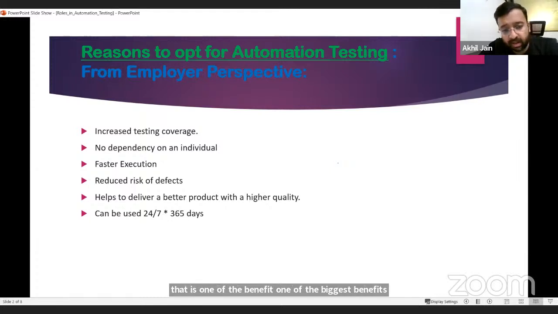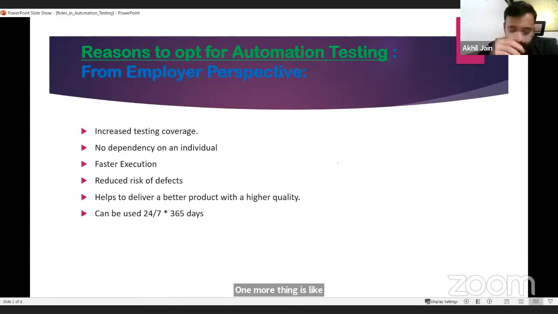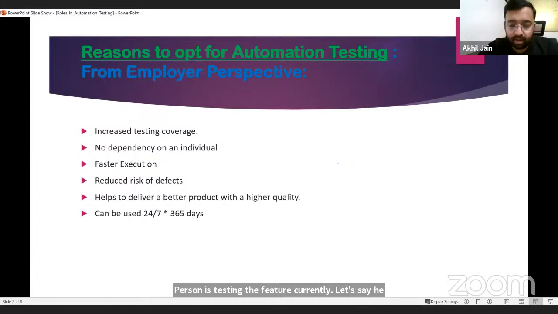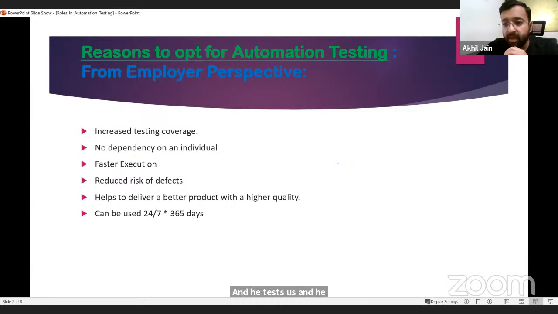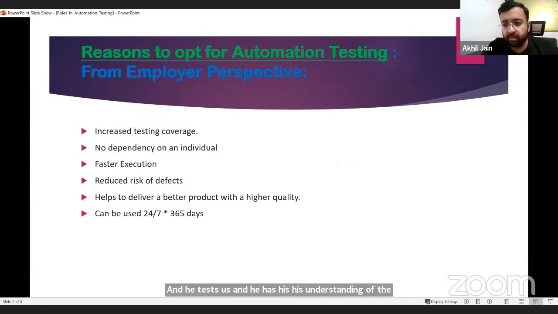One more thing is reduced risk of defects. Let's say person A is testing the feature currently. He starts executing it and tests it, and he has his own understanding of the application, and he will test the application accordingly.